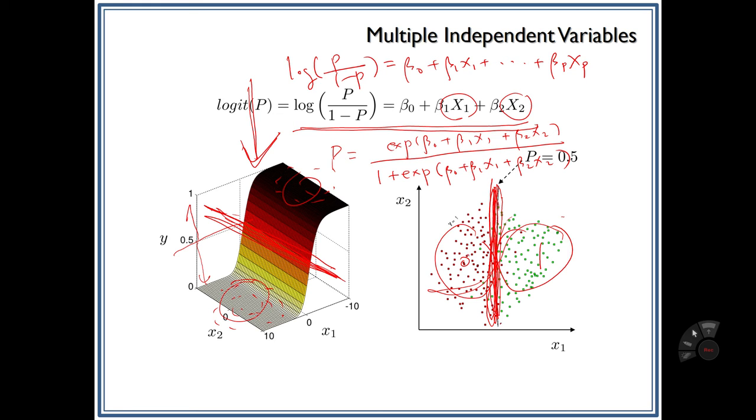Okay, so now you can see that logistic regression is to find either an S-shaped curve in the case of having only one x variable, or an S-shaped surface in the case of having more than one x variable, right?